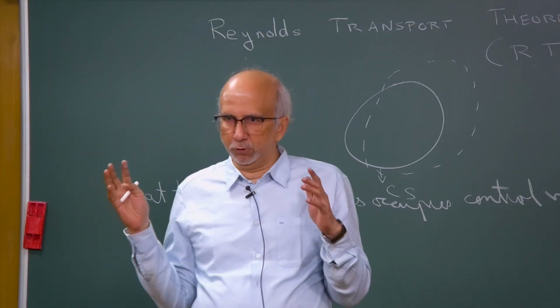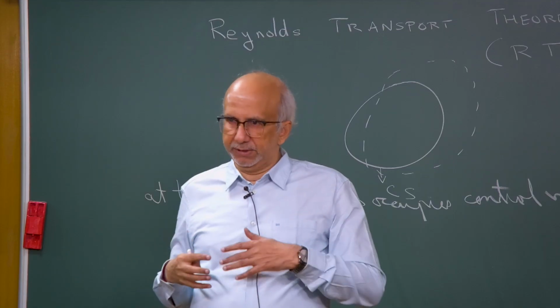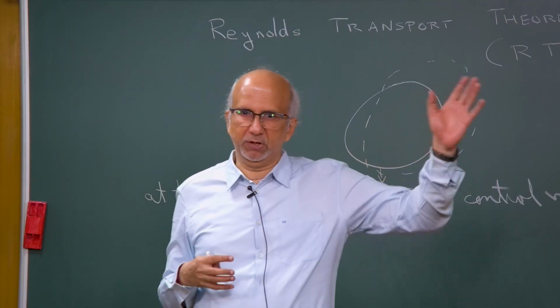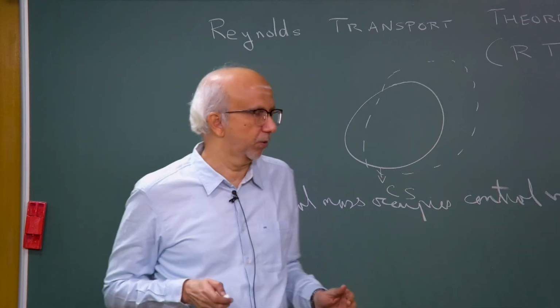So, that is not moving, control volume is fixed, but the molecules which are inside, they are moving. So, some molecules would have left the control volume, new molecules would have entered the control volume, okay.